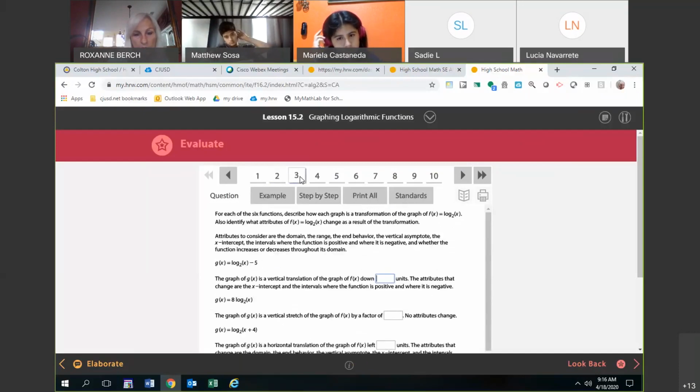All right, you need to know how to do this problem. You know how to do it. Let's look at it. They're giving different functions. And if you read below, it says the graph of G is a vertical translation down what? So somebody tell me, unmute yourself.